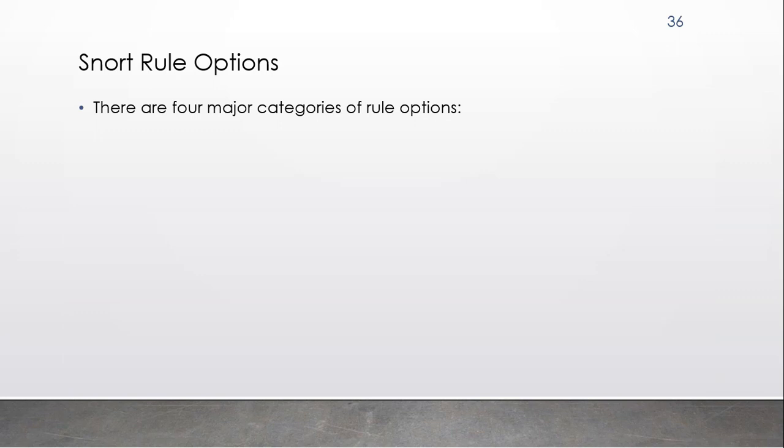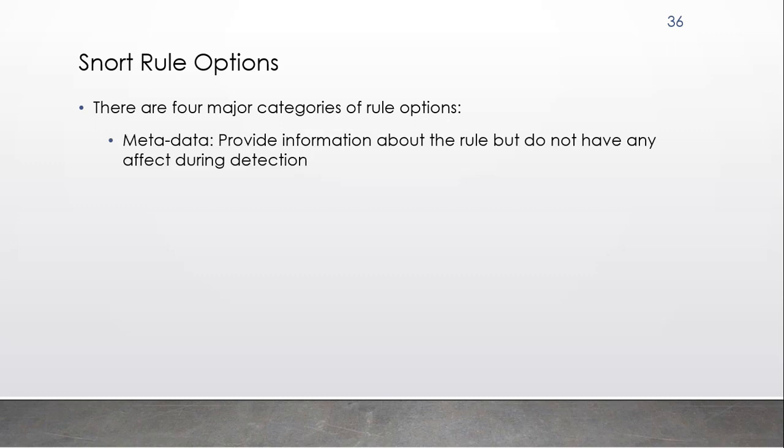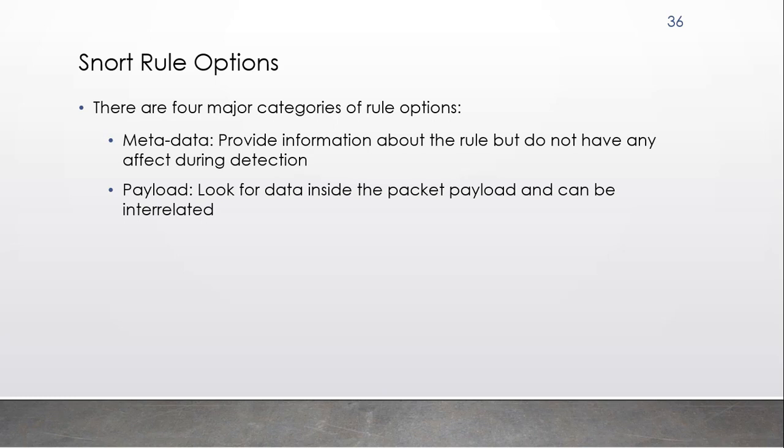Snort has 4 major categories of rule options. These are metadata, which provides information about the rule, but does not have any effect during detection. Payload, which looks for data inside the packet payload, and these can be interrelated.